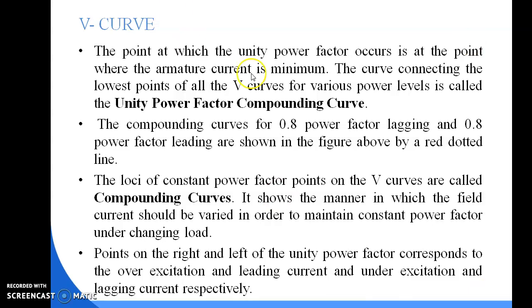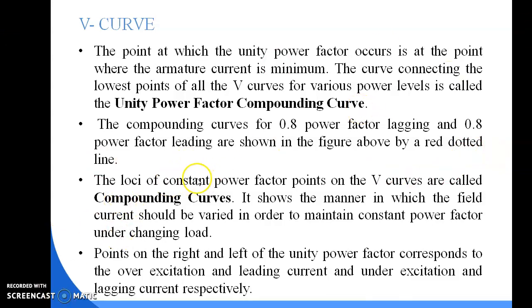Now, the point at which the unity power factor occurs is at the point where the armature current is minimum. The curve connecting the lowest points of all the V curves for various power levels is called the unity power factor compounding curve. The compounding curves for 0.8 power factor lagging and 0.8 power factor leading are shown in the figure above by a red dotted line, which we have already discussed.